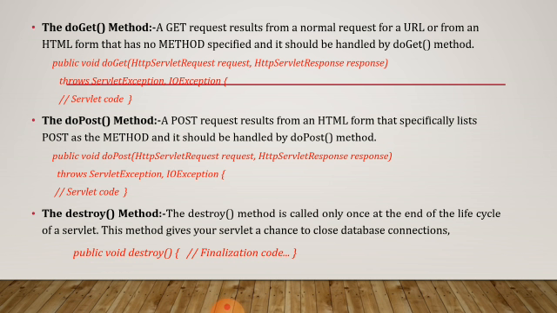A get request results from a normal request for a URL or from an HTML form that has no method specified, and it should be handled by the doGet method. So public void doGet(HttpServletRequest, HttpServletResponse) throws ServletException, IOException. So this is the doGet method.